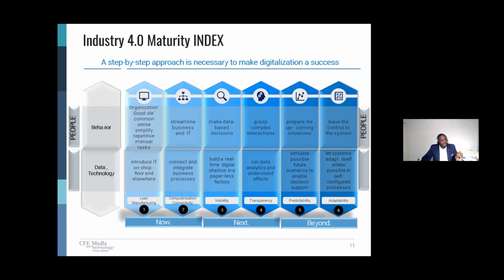Lean manufacturing, computerization, and connectivity. What's next? Visibility and transparency, and then 5 and 6, predictability, and of course, adaptability. But we know that Industry 4.0 is not just about the data. Early on, we talked about this, that it's also about the behavior of individuals, people, how they think. So how we think goes right along with this overall index.